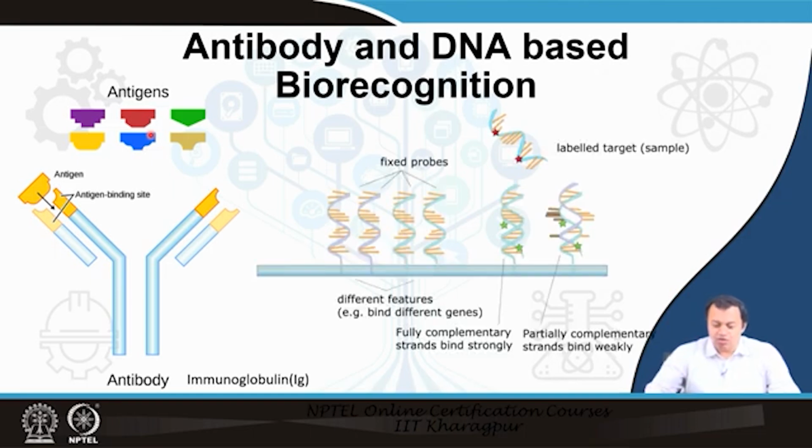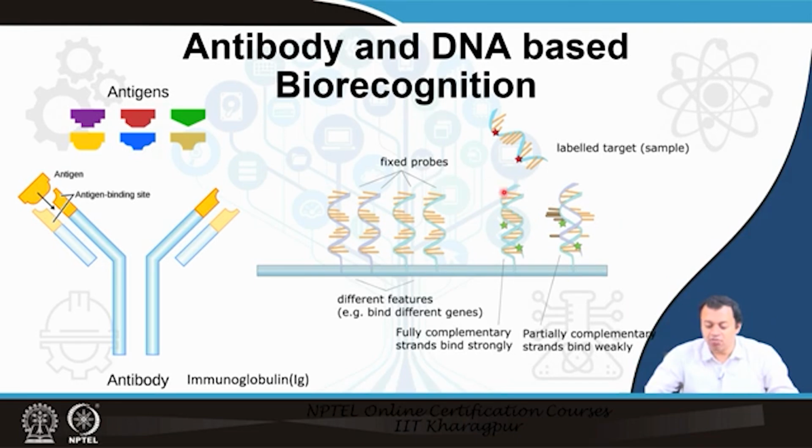The same thing goes with DNA based biorecognition. You put fixed probes with a particular sequence. If it is complementary, it will attach. If it is non-complementary, some of them will attach, some will not. This is partially complementary, this is fully complementary. You then send it to some sort of sonicator. Remember the nanotechnology class, wash it.